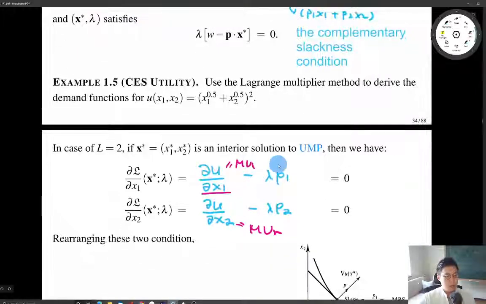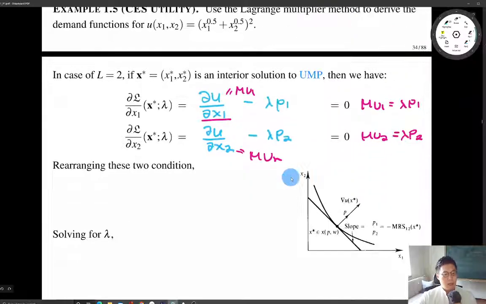The first condition requires mu1 equals lambda p1. The second condition requires mu2 equals lambda p2.